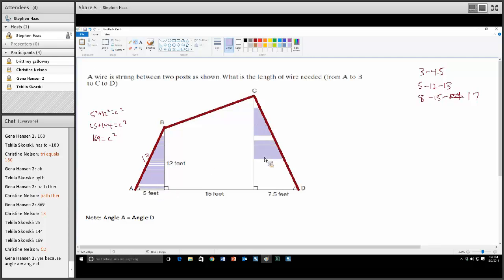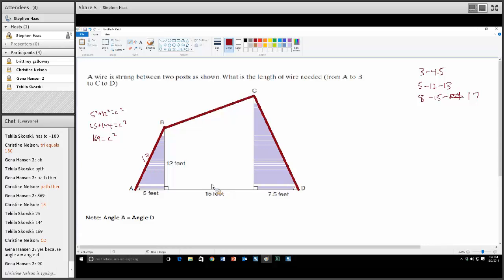This triangle, I don't know why it's not letting me fill it once, but these two light purplish triangles, pretend they were totally filled in. Are they similar triangles? The answer is yes, they're similar triangles. Why? Because they've got two equal angles. What are the two equal angles? Angle A is equal to angle D, as Gina said, that's correct. And also these two angles are right angles. This is a right angle and that's a right angle. So because they've got two equal angles, they're similar.